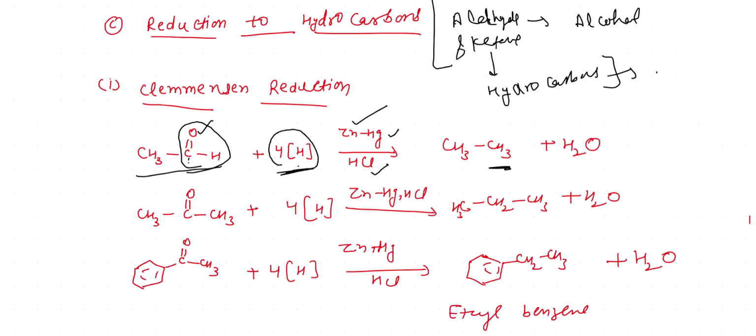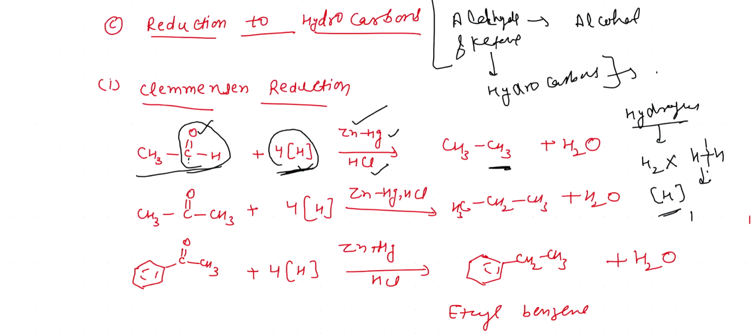Now, what is nascent hydrogen? Nascent hydrogen is the newly born hydrogen. This is not like a hydrogen molecule. This is an individual atom, formed when hydrogen is homolytically cleaved into hydrogen atoms.